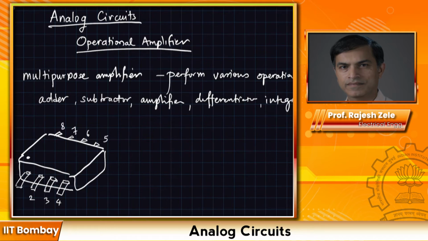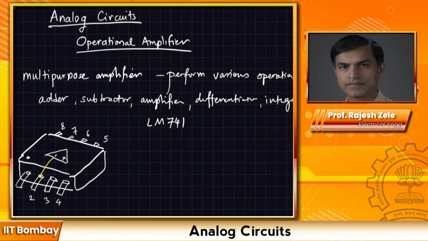In this particular case, we were talking about the LM741 amplifier, and it's wired like this. There is a triangle showing the amplifier. It has two inputs, positive input and negative input. Let me use yellow for this.